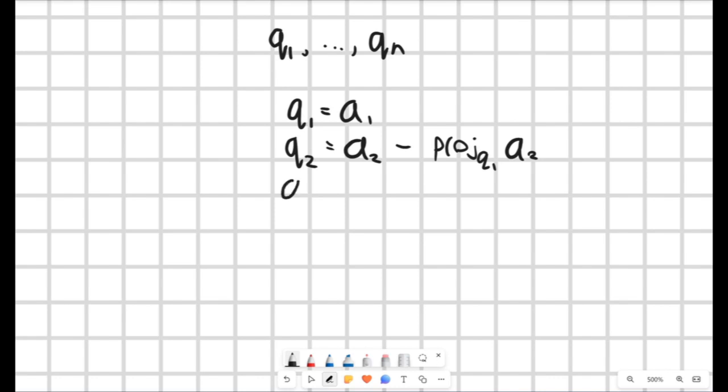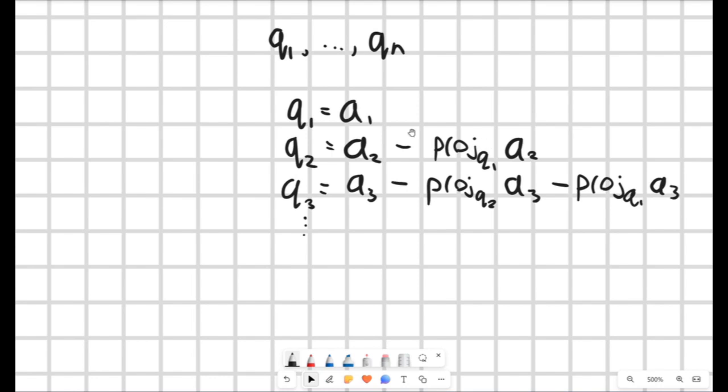Then we carry on and we say that Q3 is equal to A3 minus the projection onto Q2 of A3 minus the projection onto Q1 of A3, and we keep going until we've got our set of orthogonal vectors.